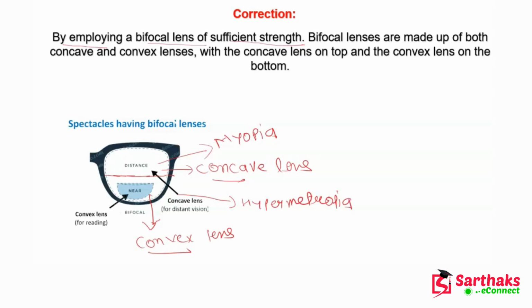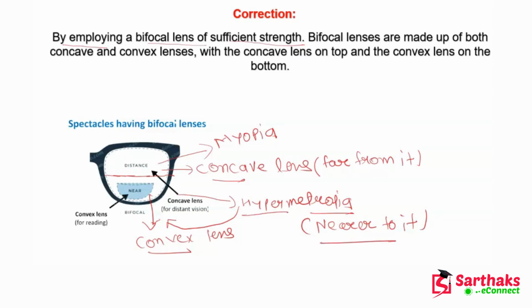This concave lens will make it see the objects which are far from it, and this hypermetropia can be corrected by this convex lens, which will make it see the nearer objects.